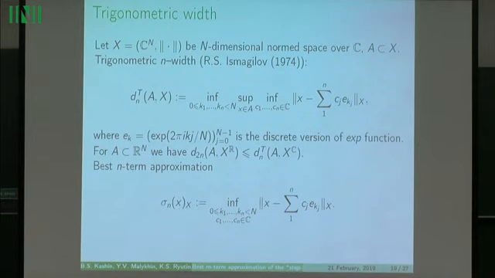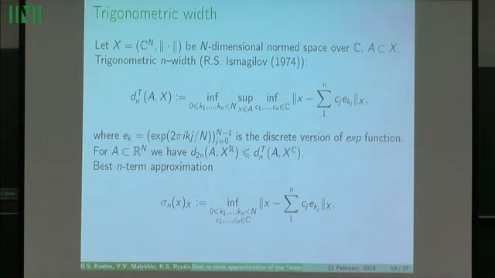But if we restrict ourselves not to all possible subspaces, but only to subspaces generated by some good basis, for example, the trigonometric basis, then we arrive at this notion of the trigonometric width. I wrote it here in the situation of finite dimensional vectors. Here k is simply the discrete exponent, this exponent written in the middle of the slide.